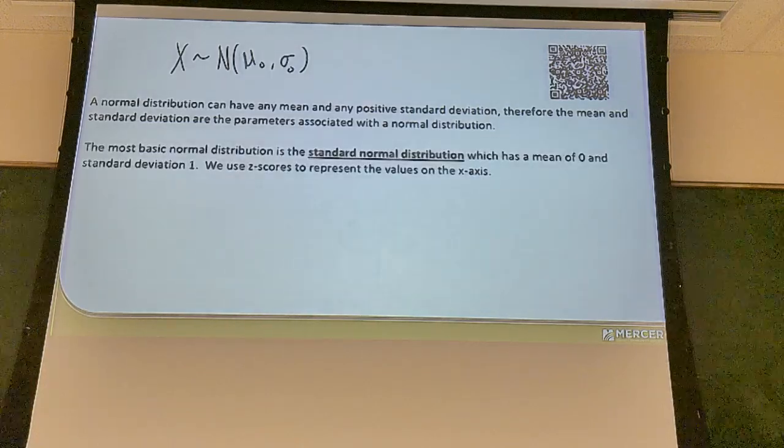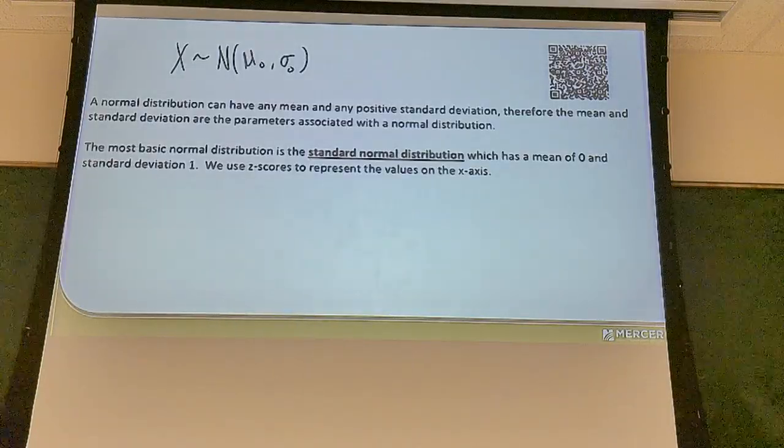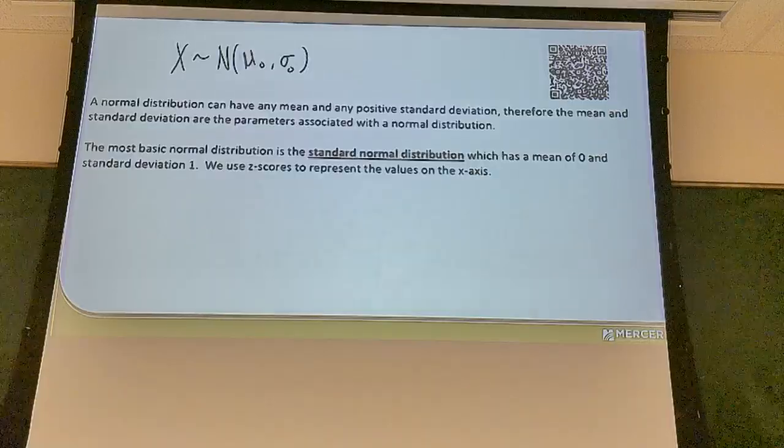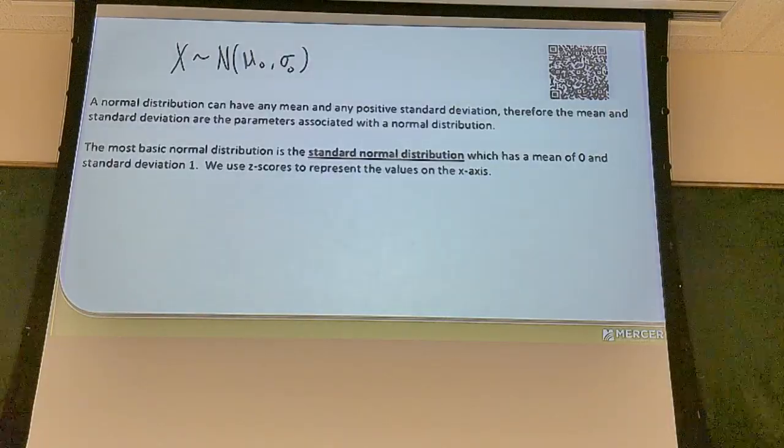The most basic normal distribution is called the standard normal. It is the normal distribution in which the mean is 0 and the standard deviation is 1. Remember z-scores? This is where the z-scores come from.